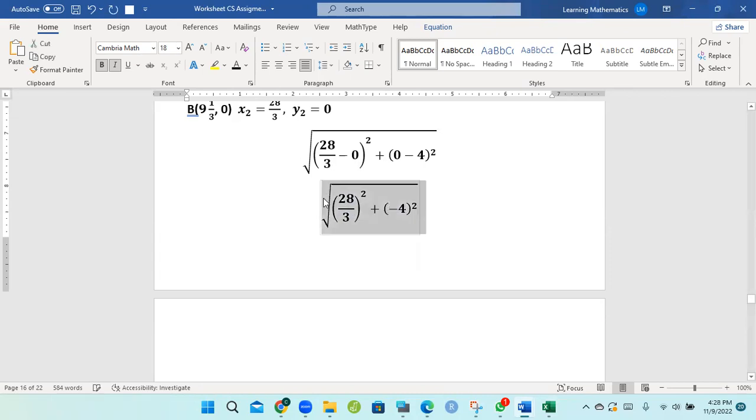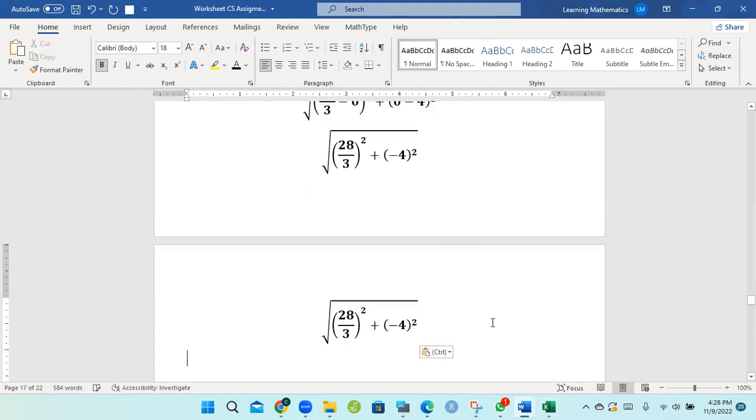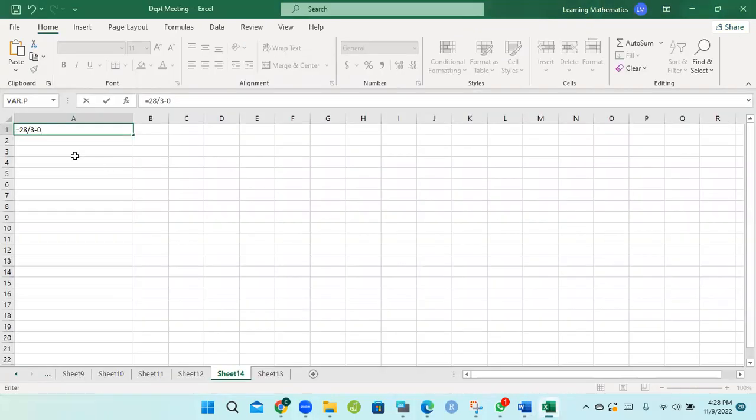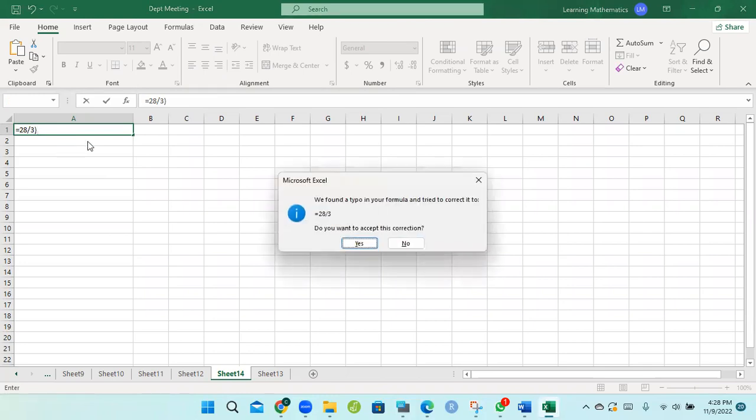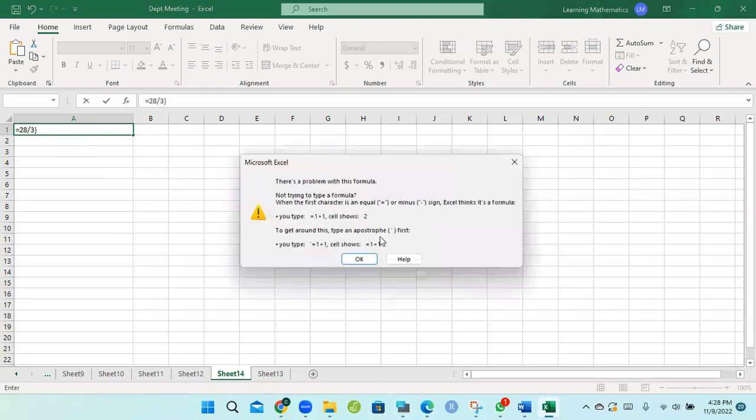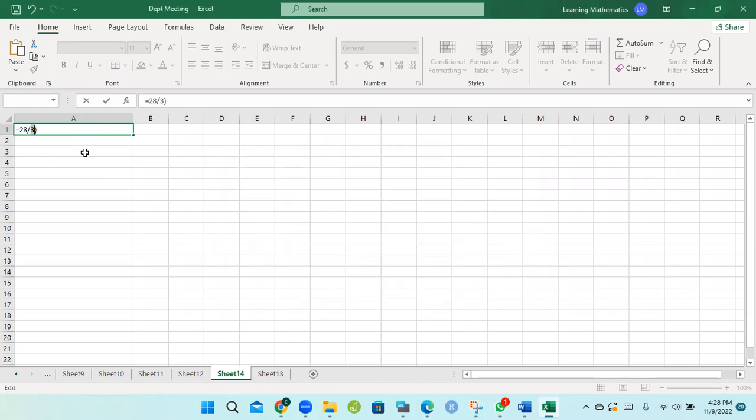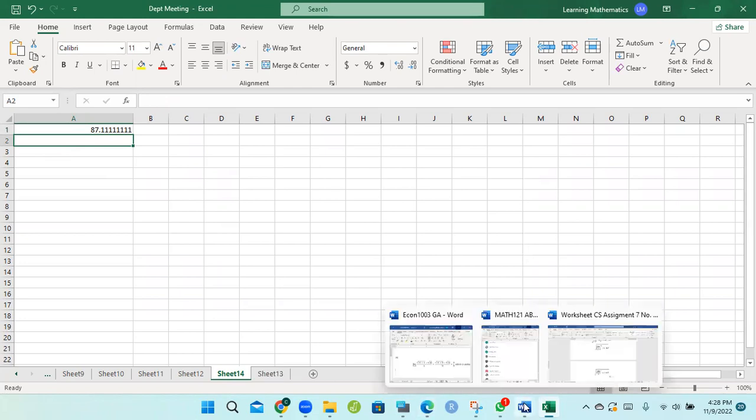So now we're going to square 28 over 3, and we're going to square negative 4. So we can go to Excel and say 28 over 3 all squared is equal to 87.11.